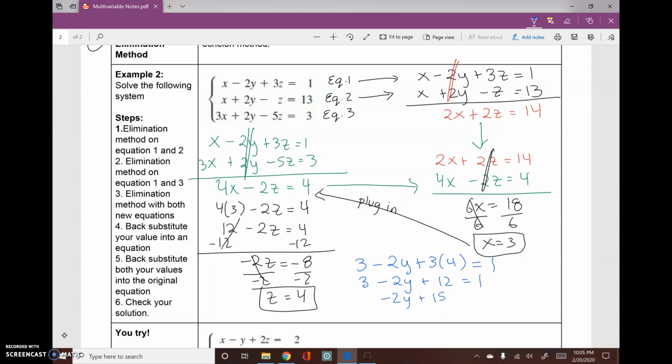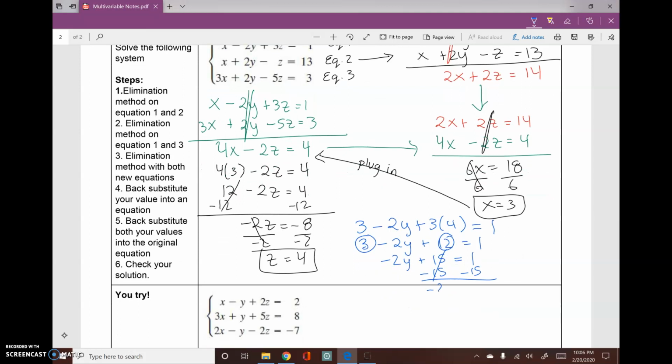Negative 2y plus 15 is equal to 1. Minus 15, minus 15. Negative 2y is equal to negative 14. Y is equal to 7. And I now have my coordinate point of 3, 7, 4.